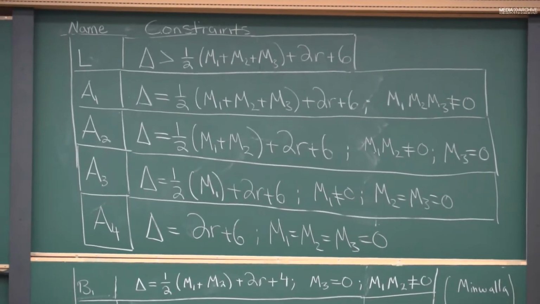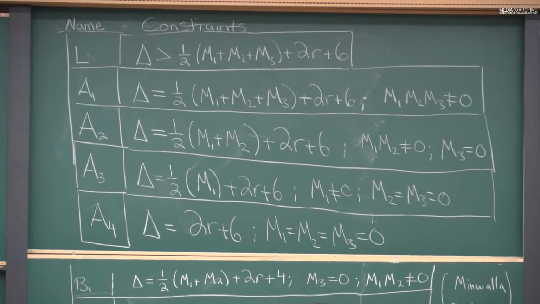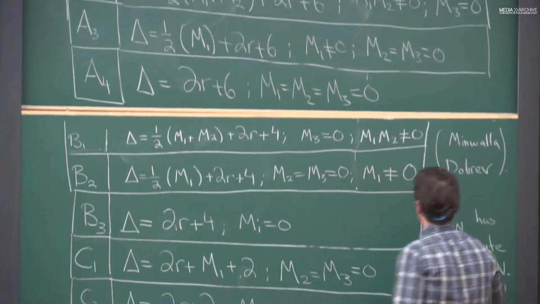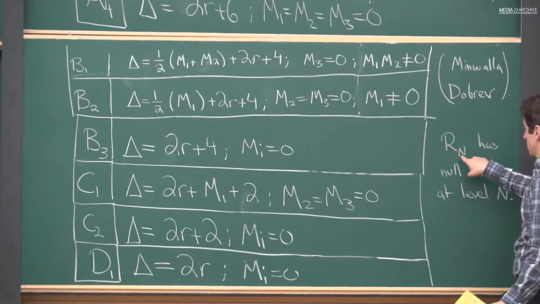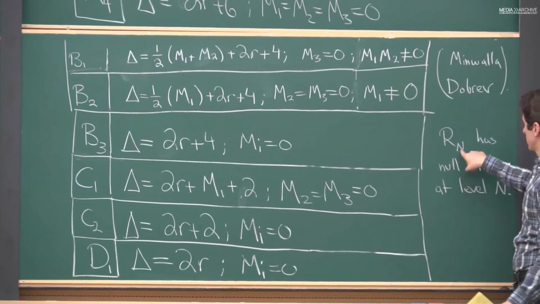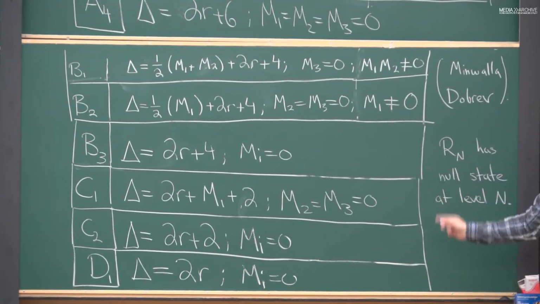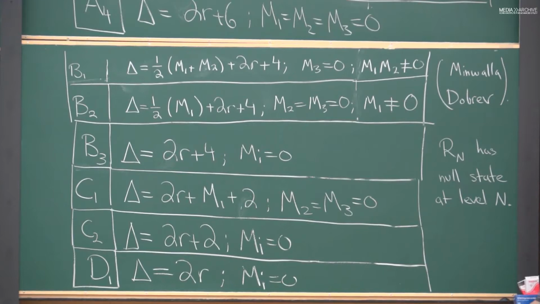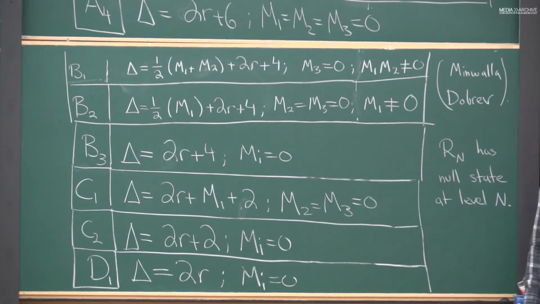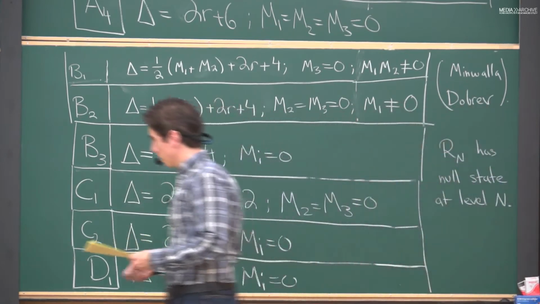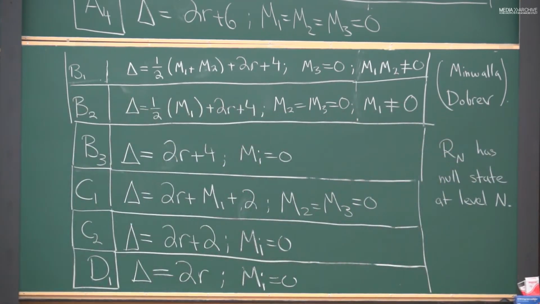And the remaining 10, which have a subscript, are short in some sense. The way in which they're short I haven't exactly specified here, but this R_n has a null state at level n. That means you have to act with n Q's and do some projection in order to get 0, acting on the primary. You can also say exactly what that projection is. It's all worked out. I just didn't want to write it on that table.